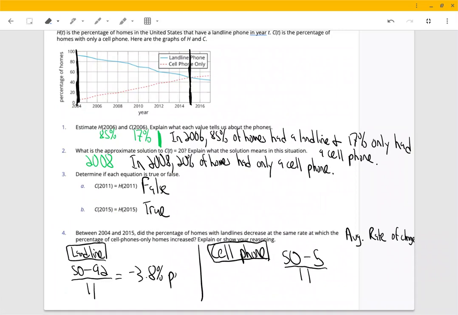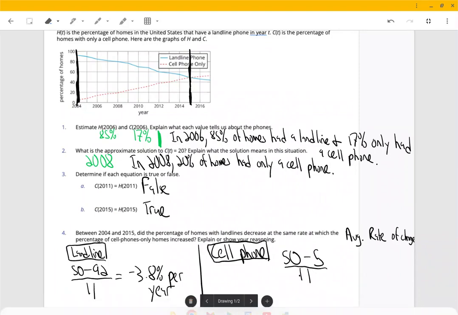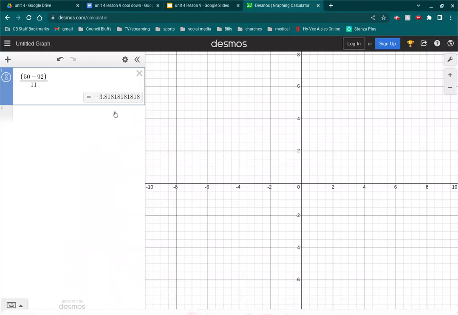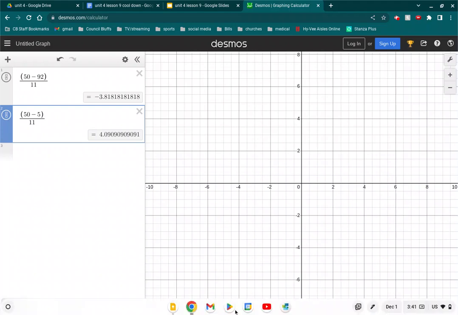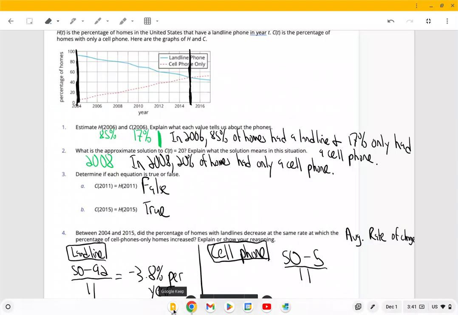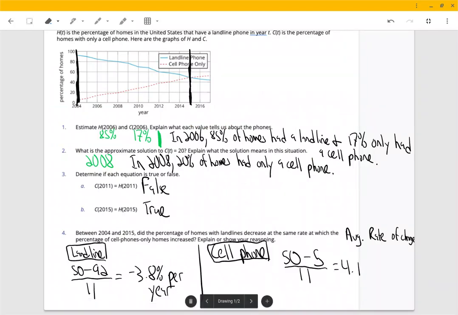Okay. Whereas for cell phone only, that's going to be 50 minus 5 divided by 11, which is 4.1% if we round that. So that's positive 4.1%. Are they exactly the same?